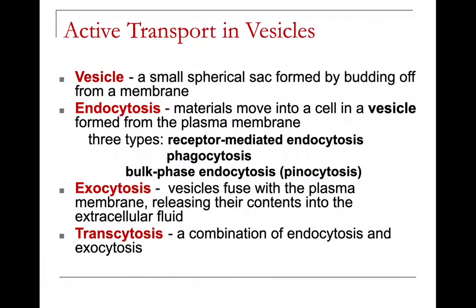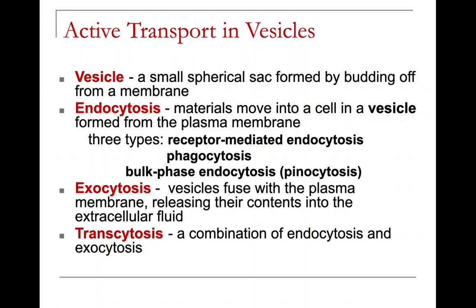Now, moving things in vesicles. A vesicle is a small spherical sac formed by budding off from a membrane. It's just a membrane-bound substance. When a cell does endocytosis, materials move into the cell. The cell basically engulfs or wraps the membrane around that substance to take it in.